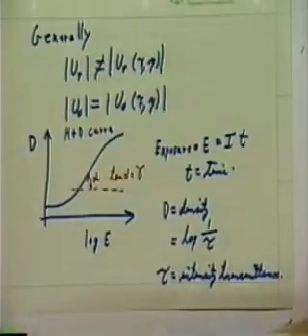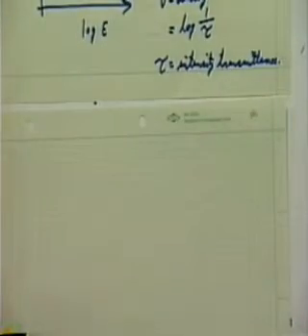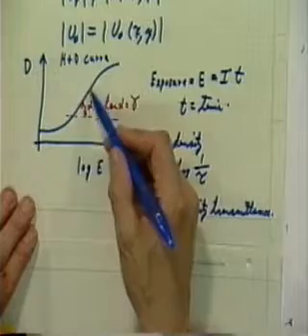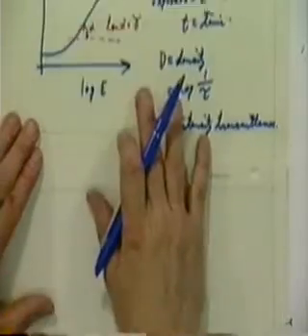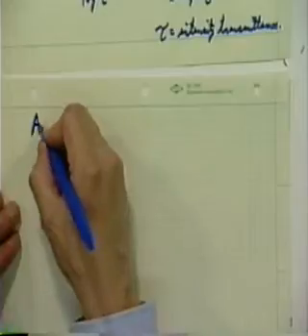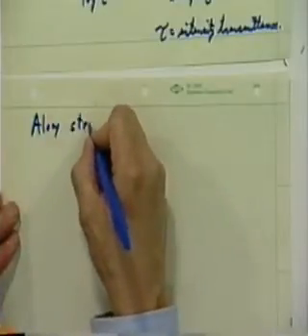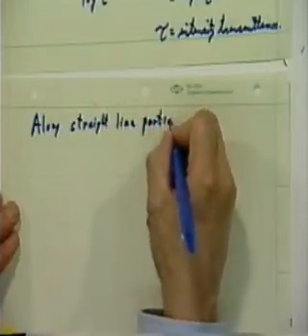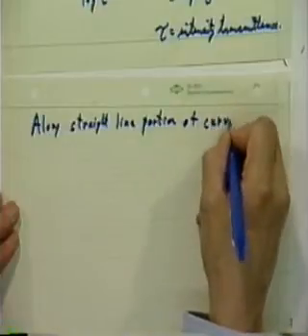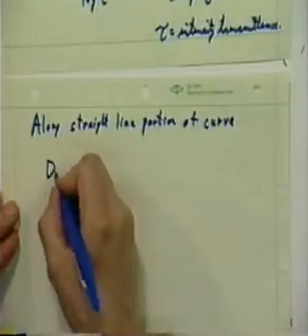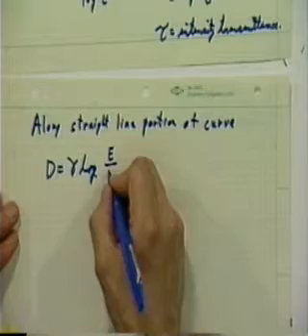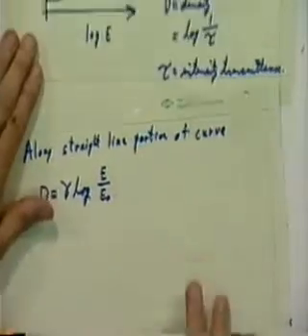Okay, so now we're exposing this film. And if we stick just along the straight line portion of this curve, the density is gamma log of the exposure E over some value E naught.